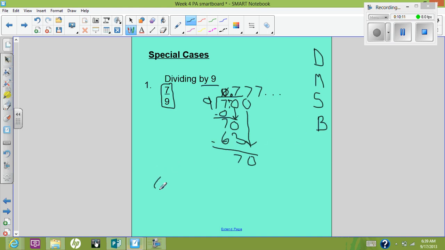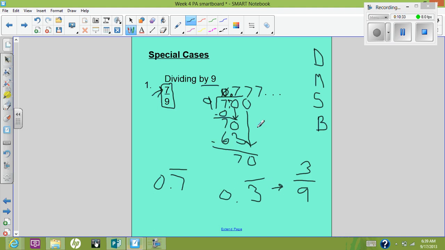I can write that 0.7 repeating. Any number divided by 9 is going to be whatever your numerator was repeated. So 3 over 9 is going to be 0.3 repeating.